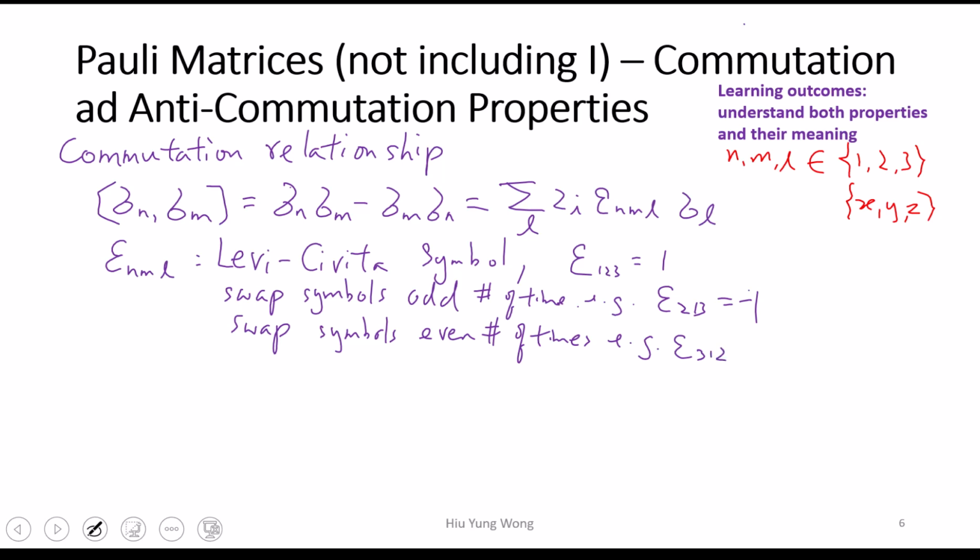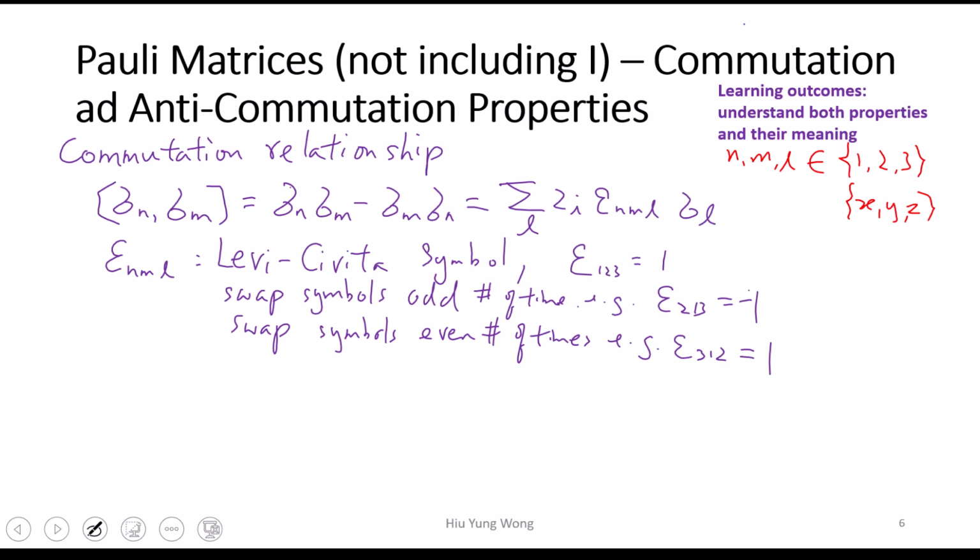Right? So, how do I get from 1, 2, 3 to 3, 1, 2? I can first swap 2 and 1, which becomes 2, 1, 3. And then swap 3 and 2, which becomes 3, 1, 2. Do you see that? Then it will become 1 again.